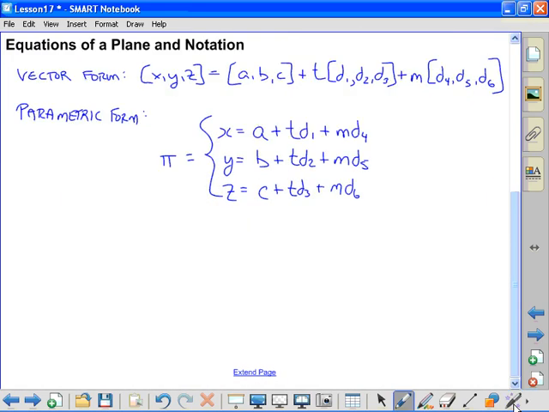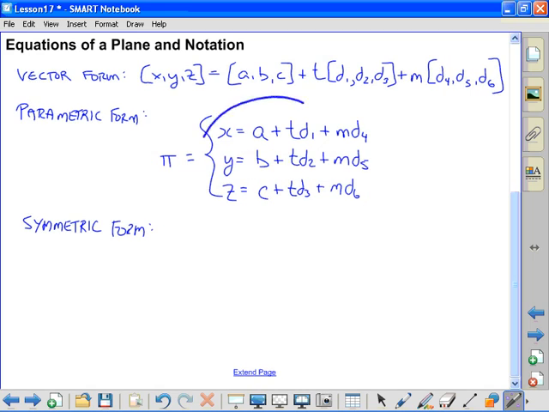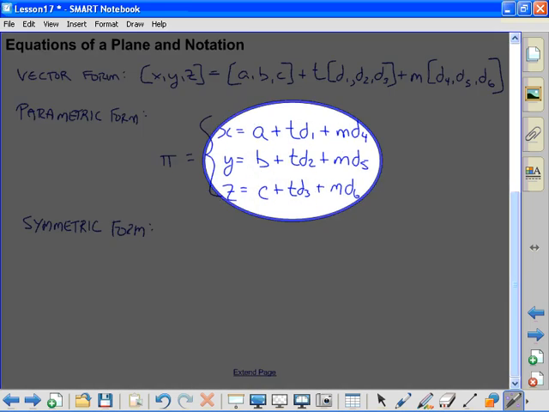What about symmetric form? Do you remember how we got symmetric form before? Symmetric form was when we let each of the variables equal our t value. This is what we had in parametric form. We set everything equal to t because every equation had a t in it. Now there are multiple scalar values, m's and t's.